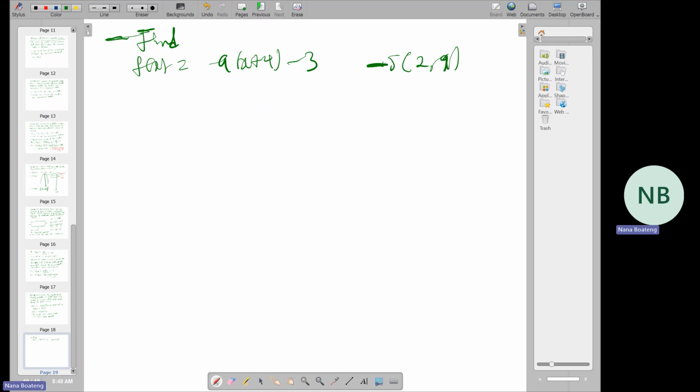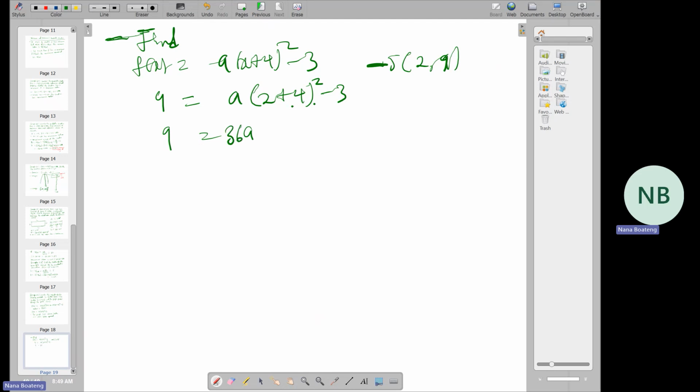So if we replace f of x by the y point, 9 is equal to a times (2 + 4)² minus 3. Forgot about the squared here. 2 plus 4 is 6, so 6 squared is 36.